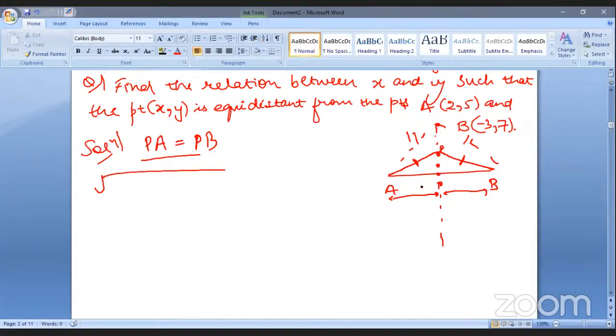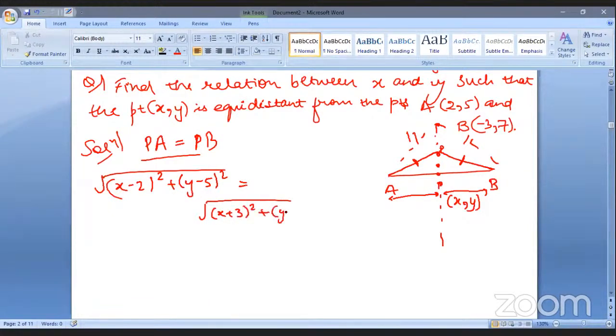PA. P we know. No, sorry, P we don't know. P we know that it is X comma Y, and A and B we know. So I'm just writing the equations, what it will be. Just check whether I'm writing it correct or not. And if by chance I'm making some mistake, do tell me. So when we solve it, what is the expression?